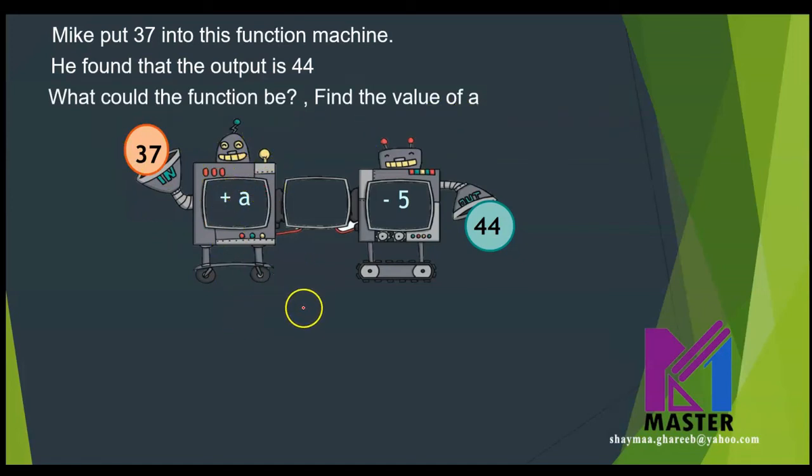So now, can we write what's going on in this function? We said 37 plus A minus 5 equals 44.